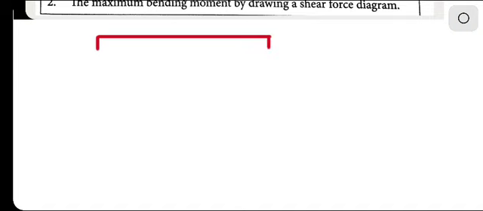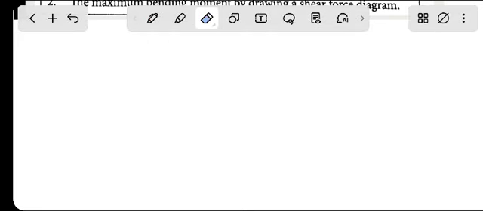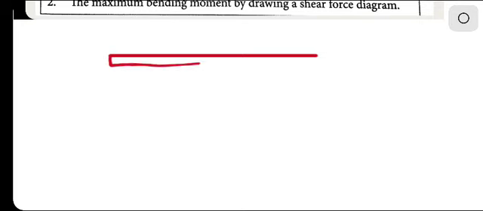Let me sketch the beam like that. All right, so we have our beam.